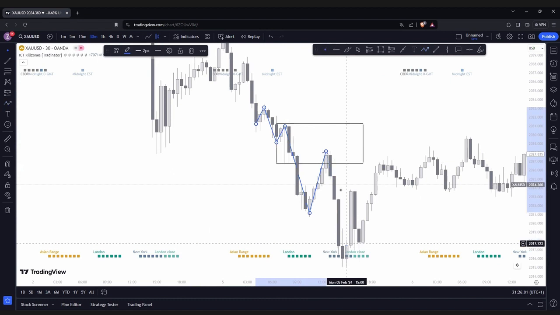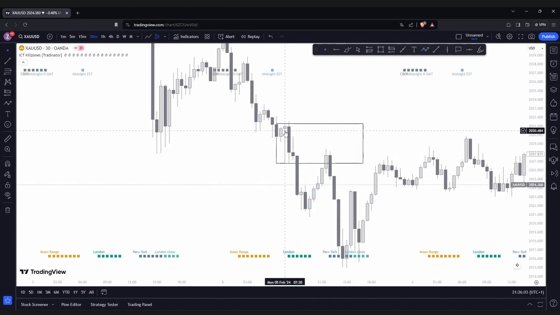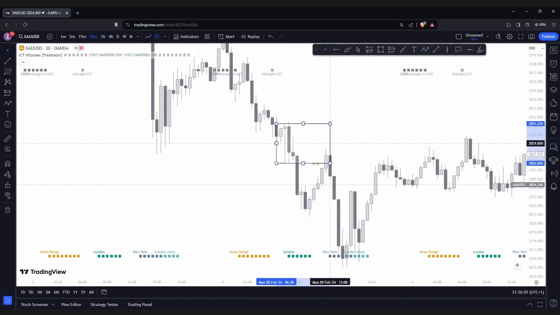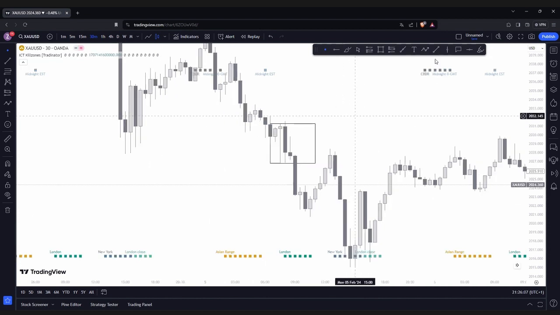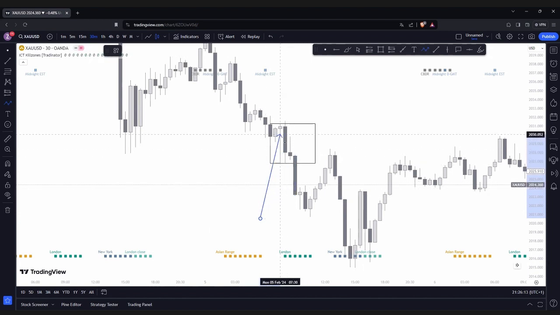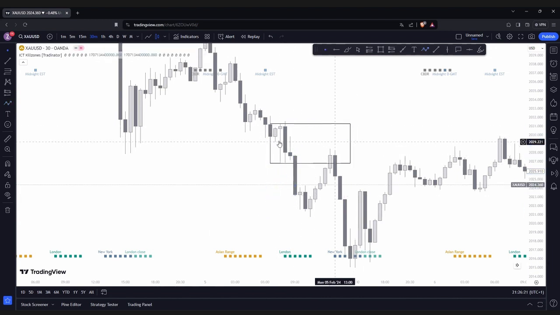Price pulls back and then sells. So the last bullish candlestick before the down move. This is an engulf. When did it become an engulf? Right when the closure of this body went out of it. So as you can see, the first one doesn't count, the second one doesn't count, and then when the third one went out of it and closed, this is when it became a breakout engulf.